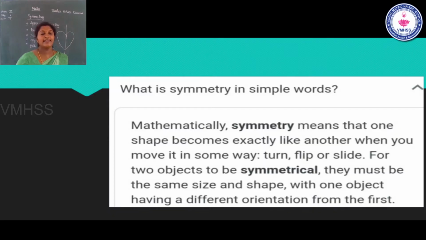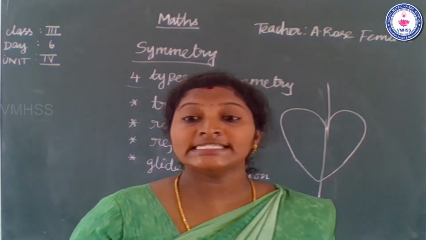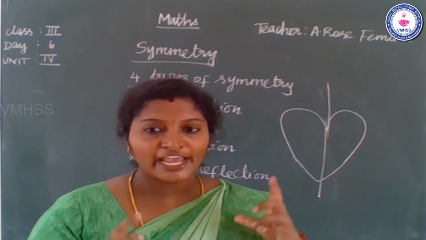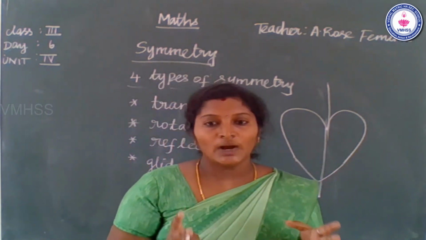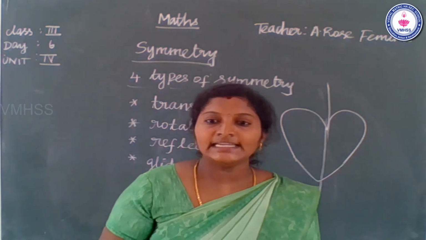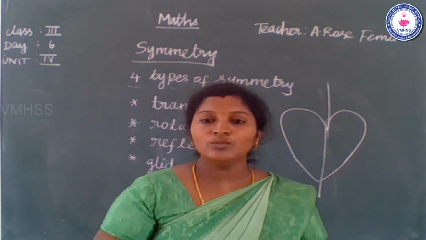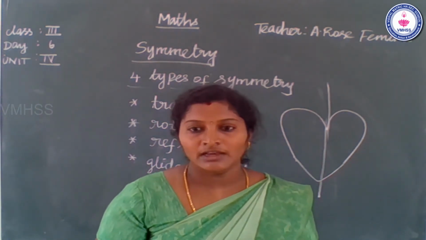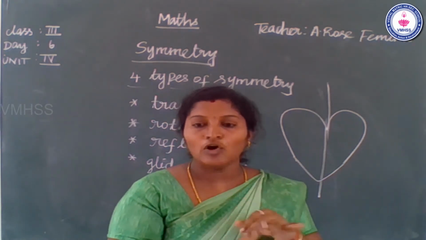So, see the slide. What is symmetry in simple words? Mathematically, symmetric means that one shape becomes exactly like the other when you move it in some way: turn, flip or slide.